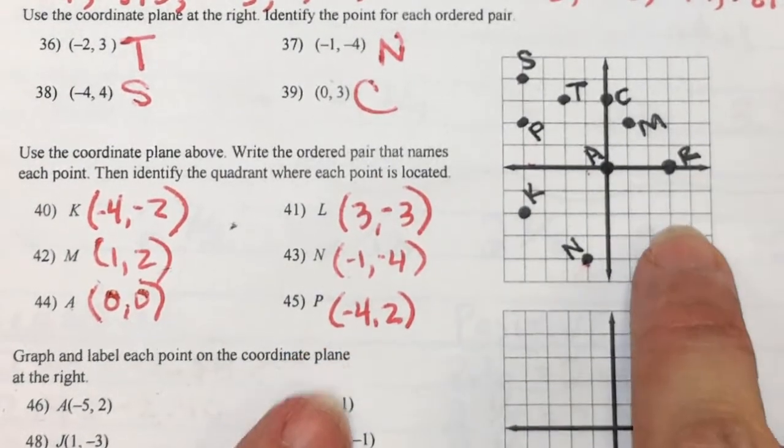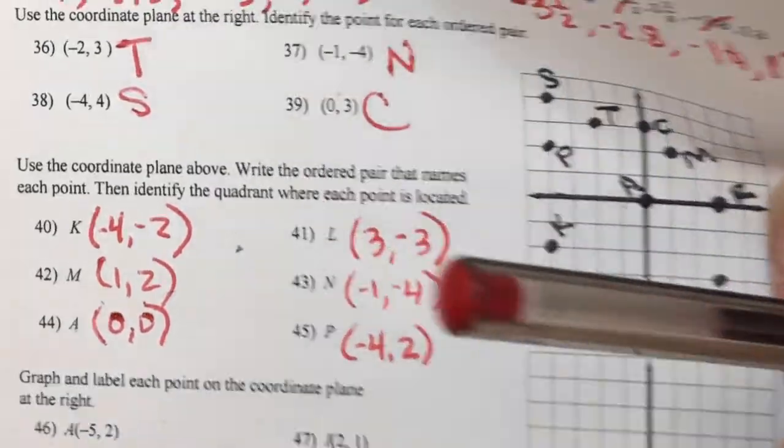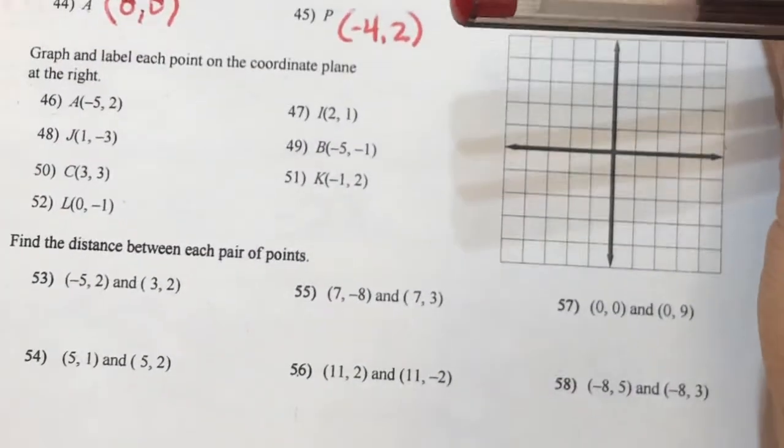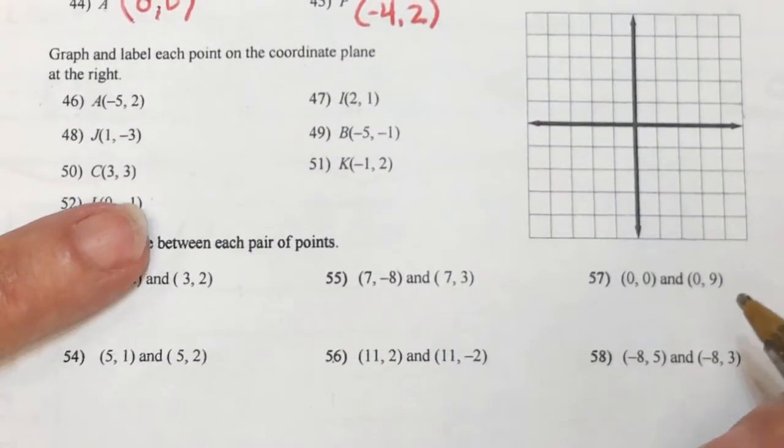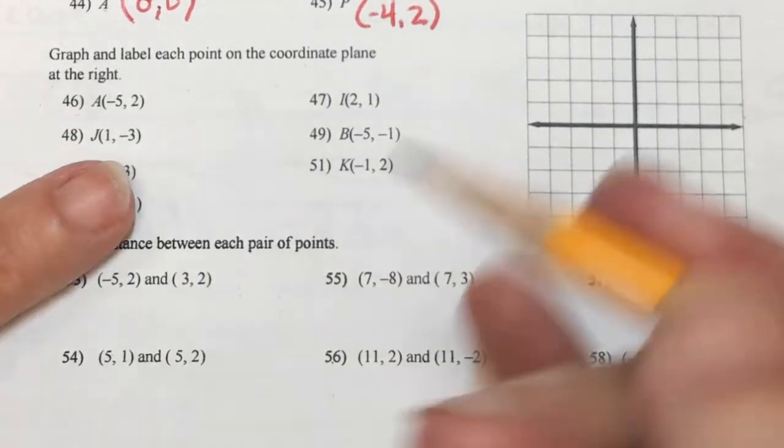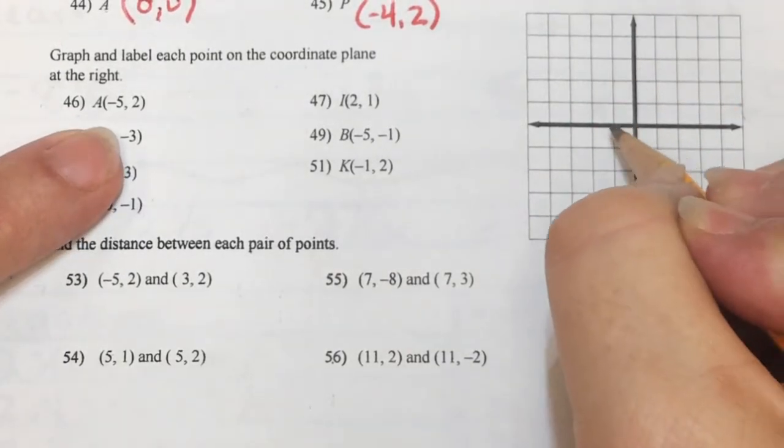Now I'm going to try to graph the next ones. Check where your dots are. Got to be very specific. Here we go. Nothing, don't switch. Here we go.